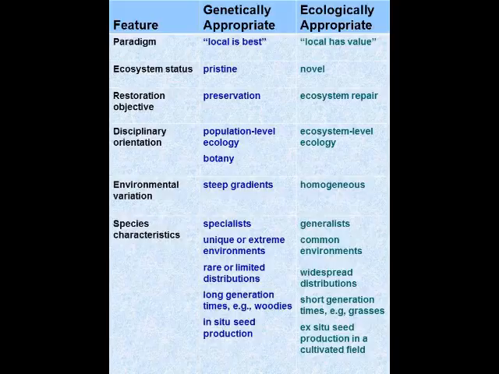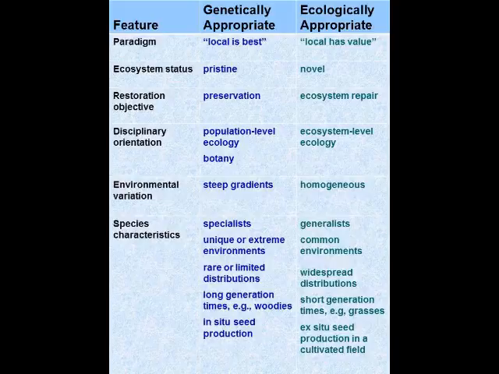Whereas for EA materials, the primary purpose is ecosystem repair. GA materials appeal to population-level ecologists and botanists, and EA materials are more likely to appeal to those with training in ecosystem-level ecology.